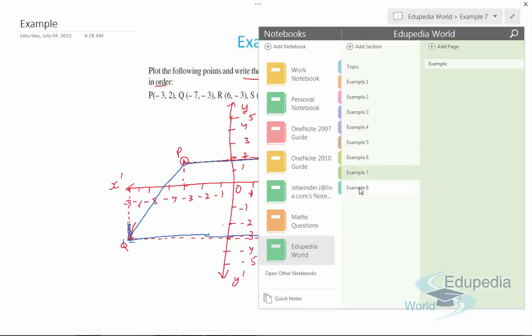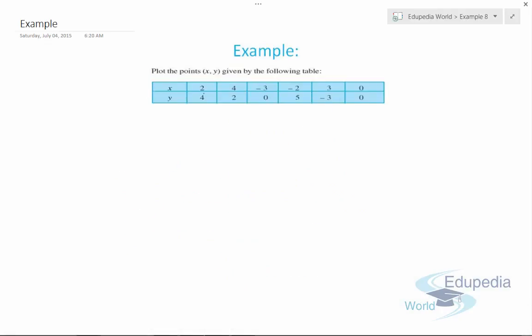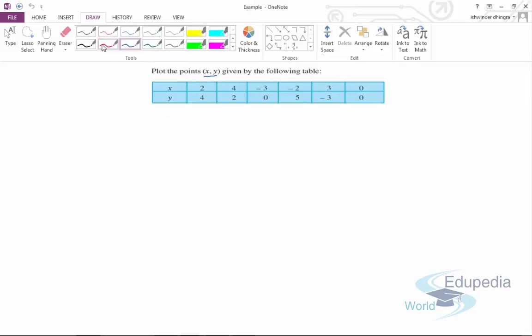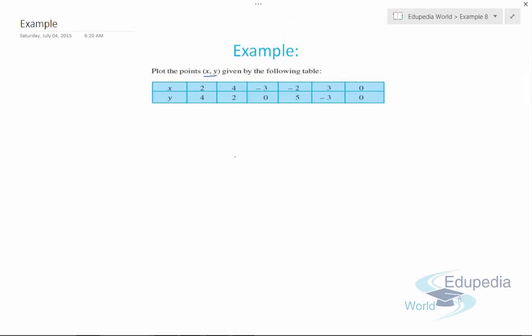Now let's move on to the next question. Example number 8. We have to plot the points x, y given by the following table. Means, suppose we have to draw the following points on a Cartesian plane. So let's first draw the Cartesian plane. So this is the Cartesian plane. This is the origin. This is X. This is X dash.